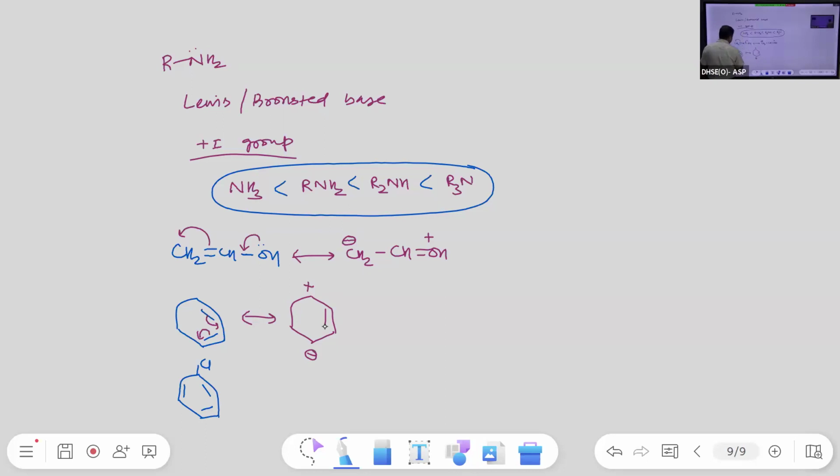Okay, here in case of chlorobenzene, chlorine contains lone pair.